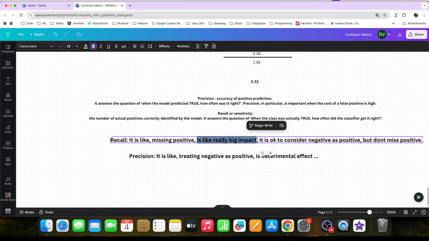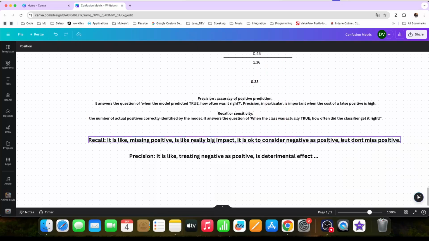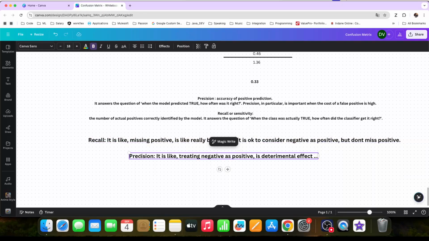But if there is not a fraud and you classify it as fraud, maybe it's not a big impact, right? If there is not a fraud, but you tell it as a fraud, it's okay. But you don't want to miss any fraud transaction. So recall is very important in financial transactions, and precision is very important in healthcare cases.